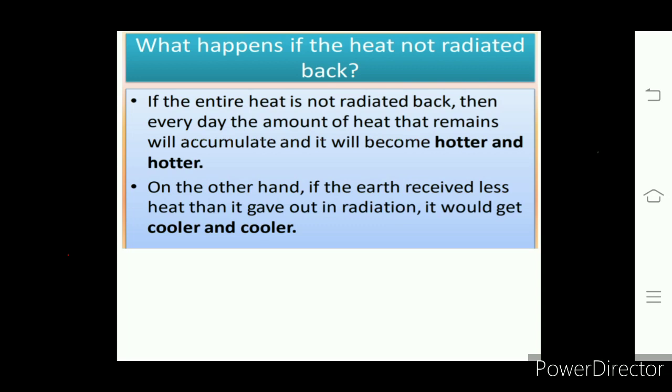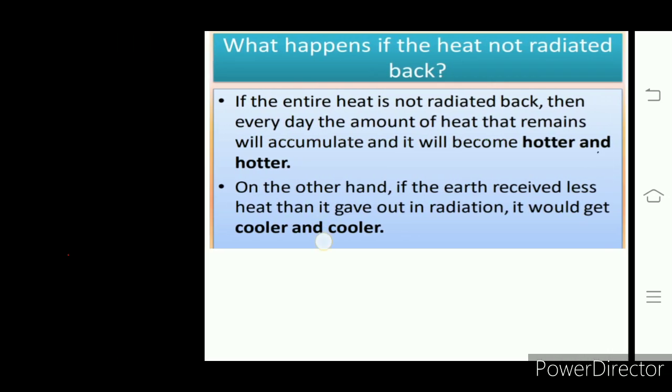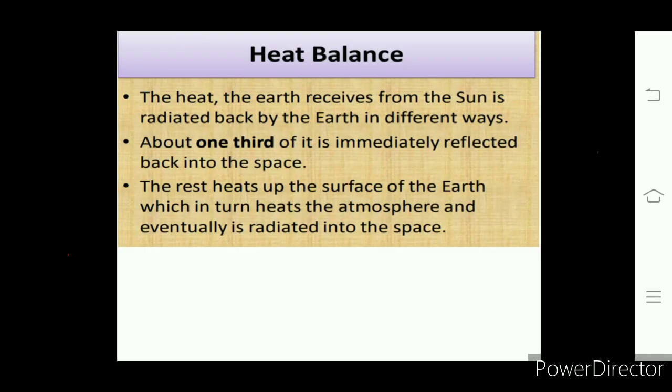So what is needed here? There should be a balance in the heat received and radiated back, right? Earth always maintains a balance in the heat received and radiated back, and that is what we call heat balance.